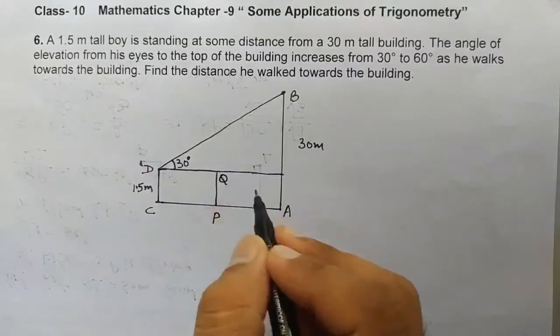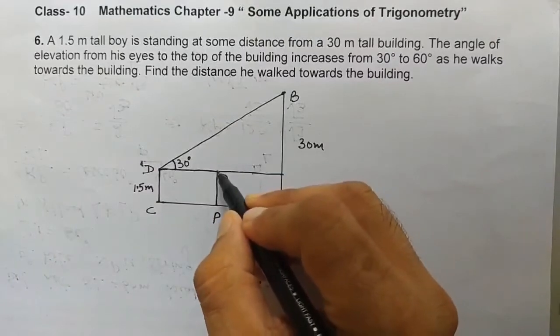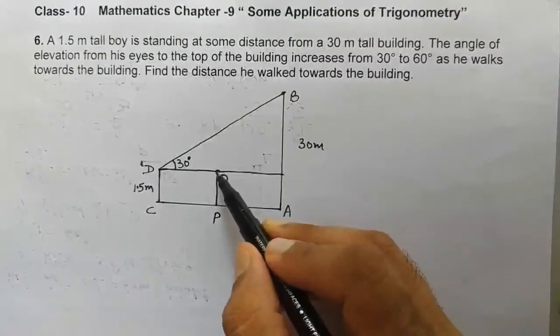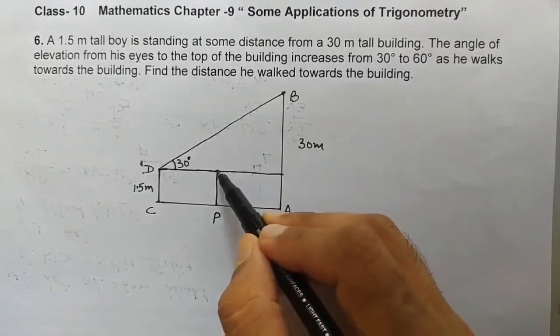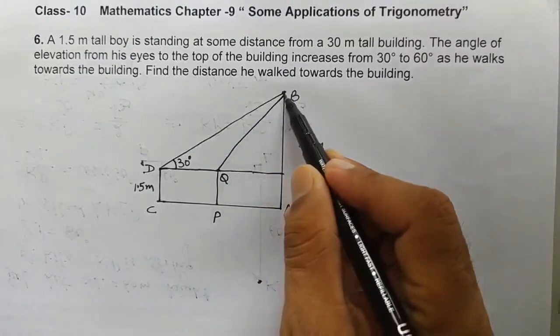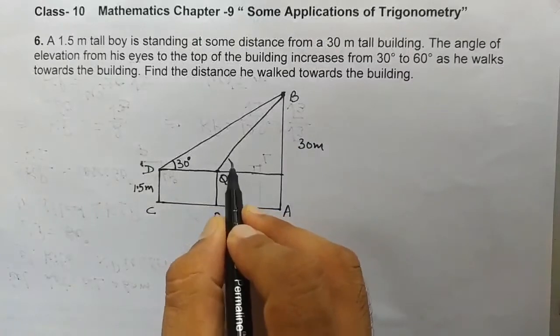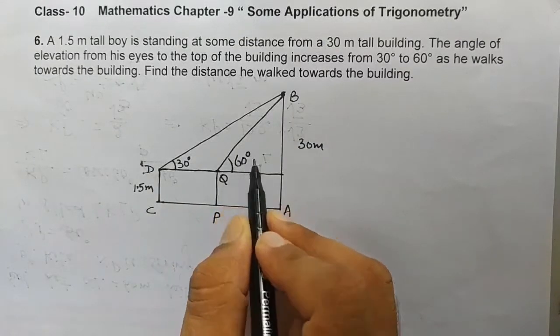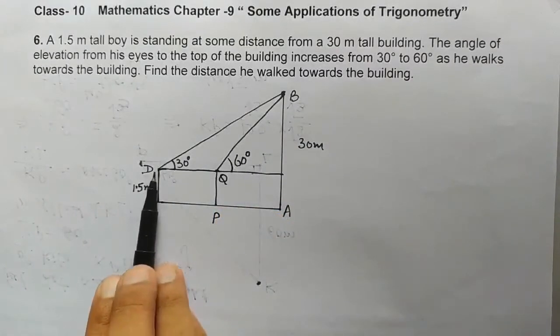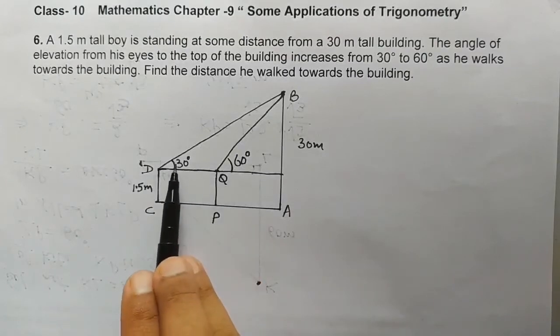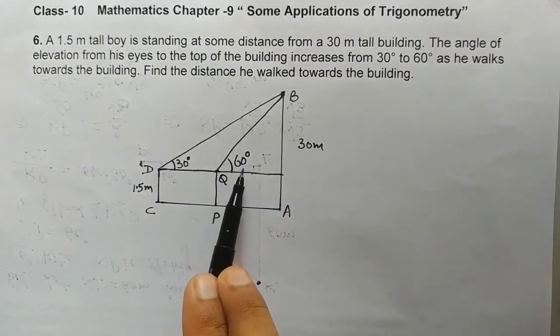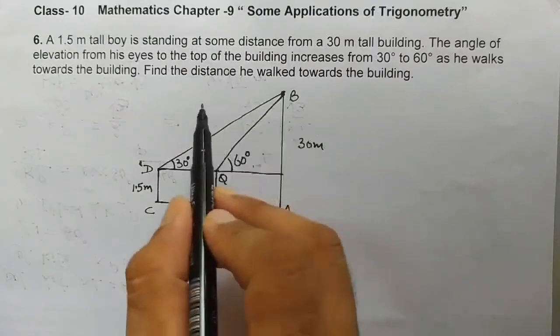So here is the eye of the observer. Now this is the ray of sight to look at the building's top and this is the horizontal, so this angle is 60 degree now. Okay, it is said that when he walks towards the building, the angle of elevation increases from 30 to 60 degree.